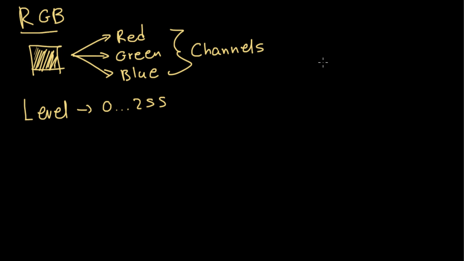And how many different colors can you make? Well, you can make about 16 million different colors using these three channels that take values from 0 to 255. It's a staggering amount of colors.